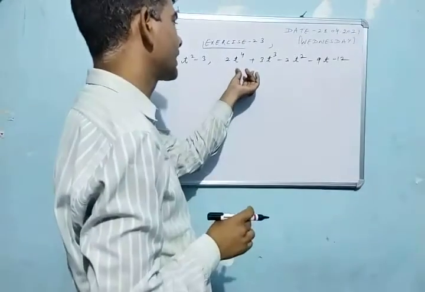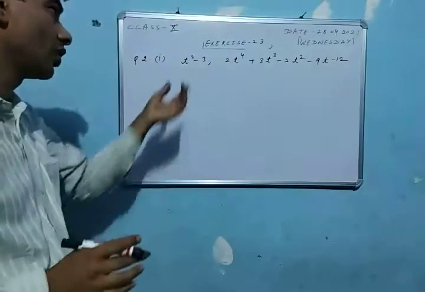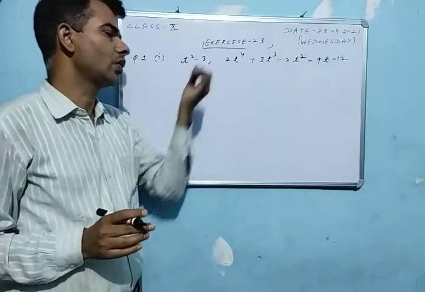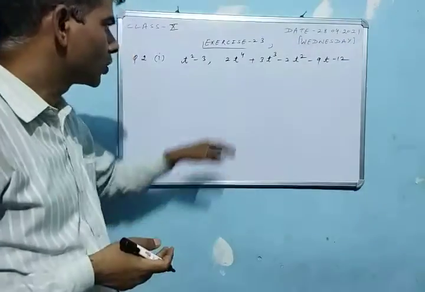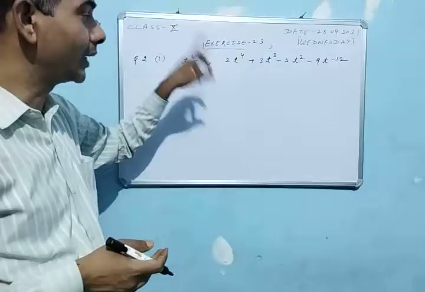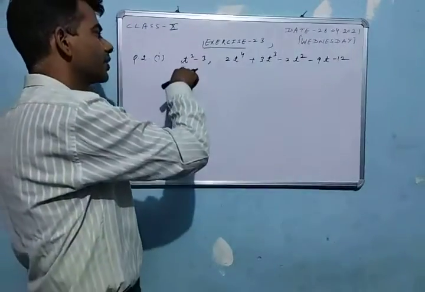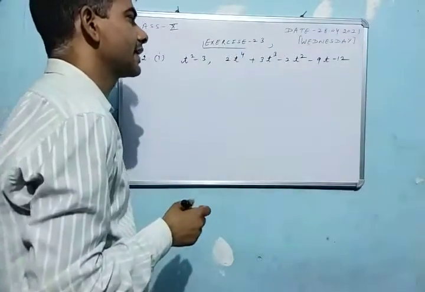Now students, it is your first polynomial, it is your second polynomial. You have to divide the second polynomial by the first polynomial and check whether the first polynomial is a factor of the second polynomial. If the remainder is 0, then the first polynomial is a factor of the second polynomial.